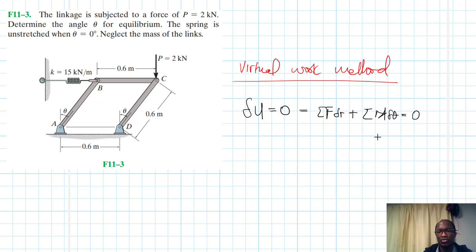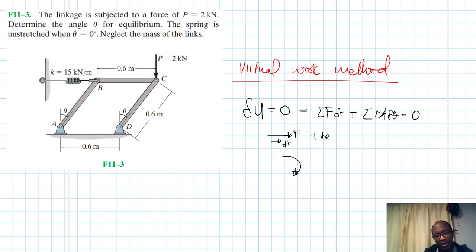So the force itself is supposed to be collinear with the translational virtual displacement, and the work done is classified as positive. Otherwise, it is negative.